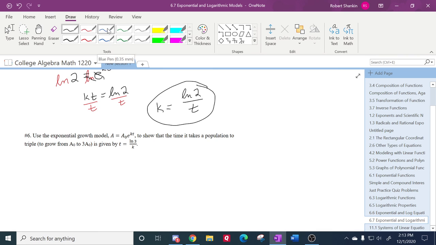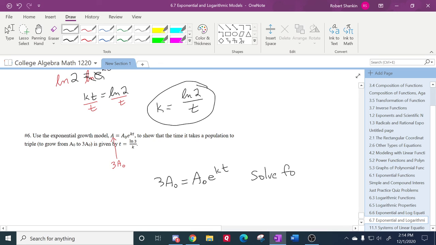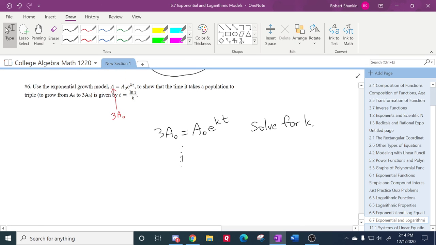The time it takes the population to triple, we're going to replace A with 3A0. And then you get 3A0 is A0 e to the kt, and you solve for k. And we are out of time, so I will leave that up to you. But that's the idea on these last two.